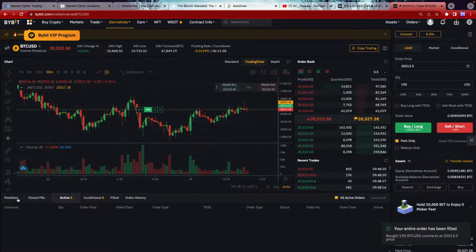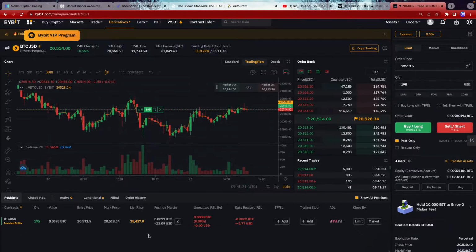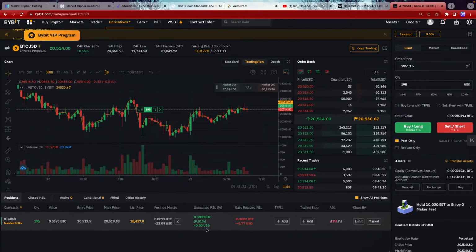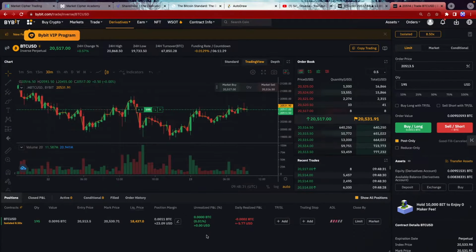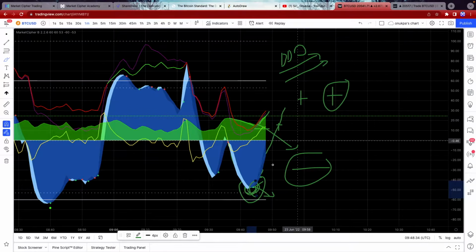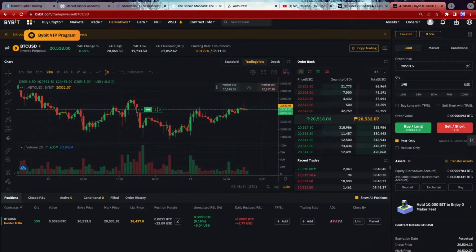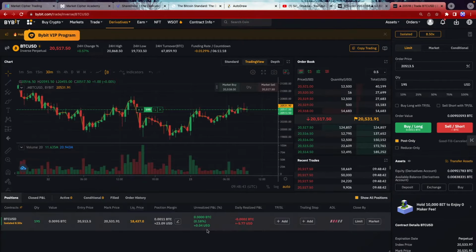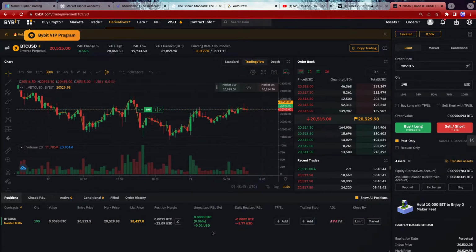So of course the order has been filled, and it's green right now, so it's been up by 0.101%, which is a good sign because my oscillators are heading upwards, and my money flow is also already in the positive territories. So price obviously is showing signs here, 0.0103.